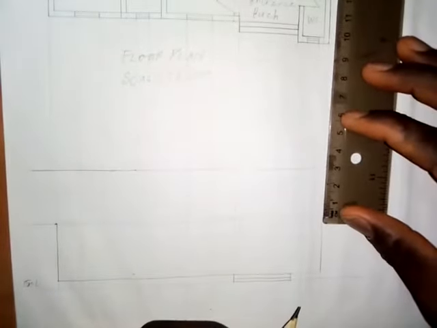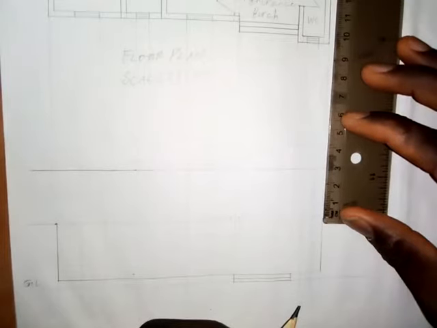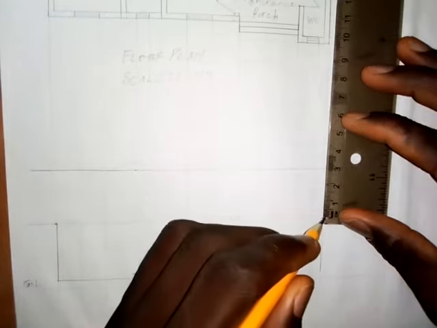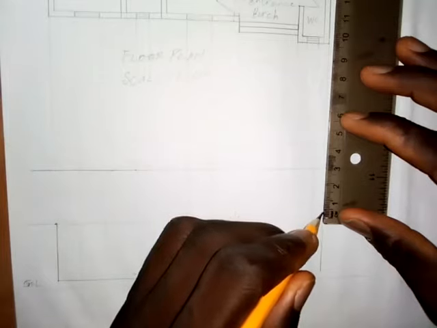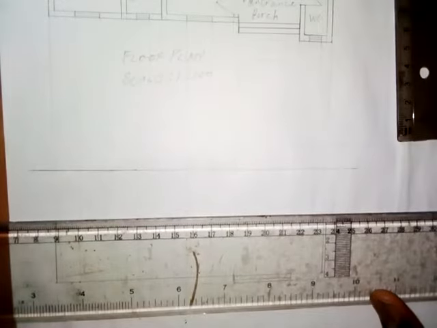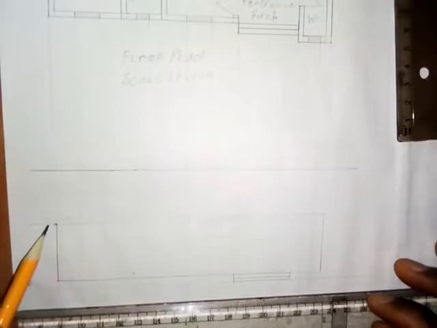I'll just take like 3 mm so that you can see it, since I'm not going to follow the specification given in this case. So I draw the horizontal line: from this point, take 3 millimeters up.